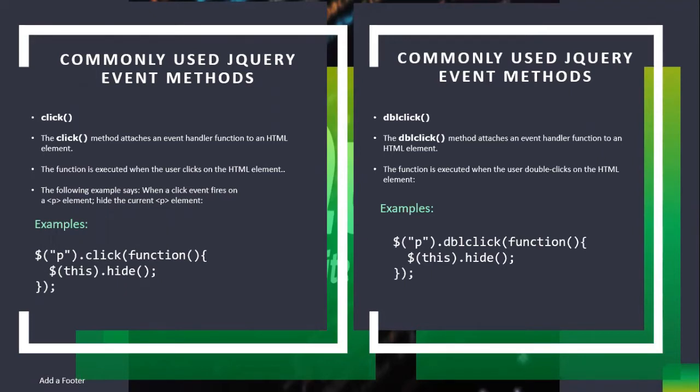Here we have click. The click method attaches an event handler function to an HTML element. The function is executed when the user clicks on the HTML element. The following example says when we click, the event fires on the p element, and it should hide the p element or paragraph.